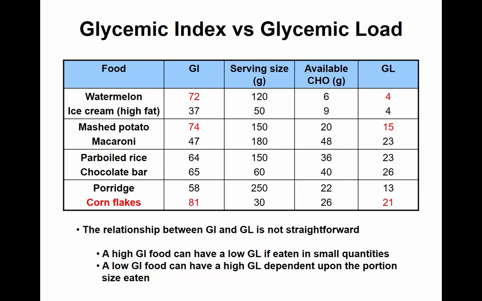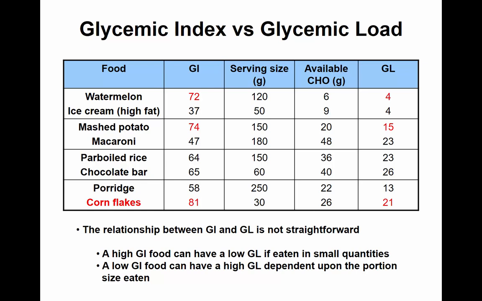And if you compare others, for example mashed potatoes have a similar GI but a much higher GL, right? That makes sense, since potatoes may have more carbohydrate content than watermelon, right?